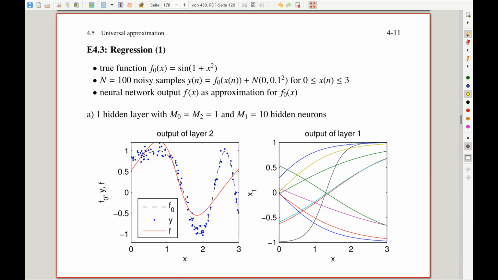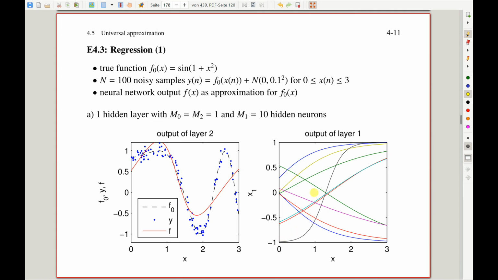In the first experiment, I use a single hidden layer with only 10 hidden neurons, so L equals 10. Of course, we have a scalar input and a scalar output, and that's the final result of the training process. And you see once again here the 10 basis functions of the 10 hidden neurons, right?